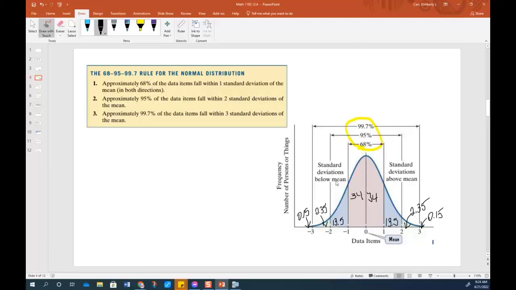So you can refigure this out each time if you needed to, but what we basically do then is just kind of memorize these numbers. And I have had students that just try to memorize all the way across because it's going to be reflective: 34, 13.5, 2.35, and 0.15. And that is the percentage that falls within this area as you're looking at the number of standard deviations from the mean.